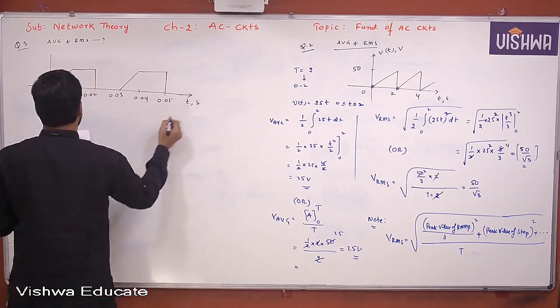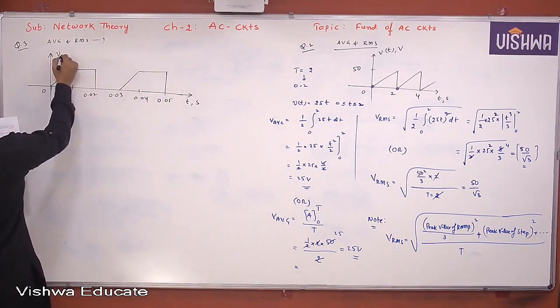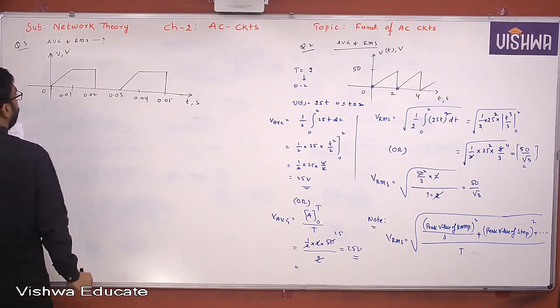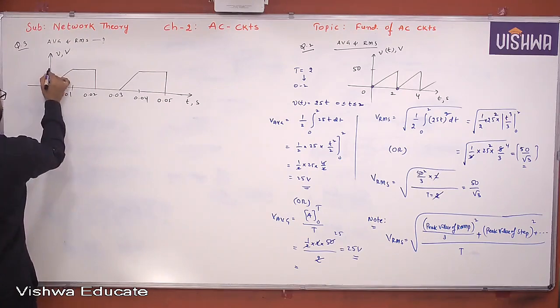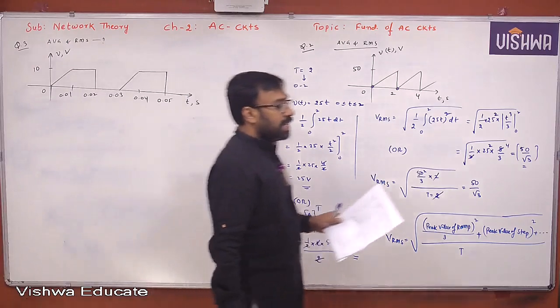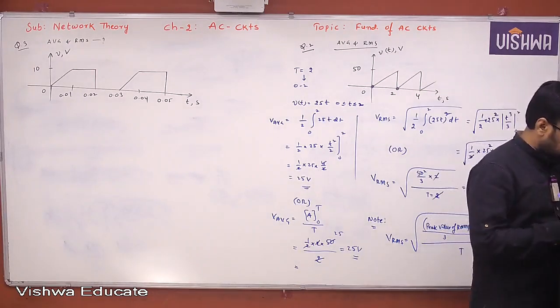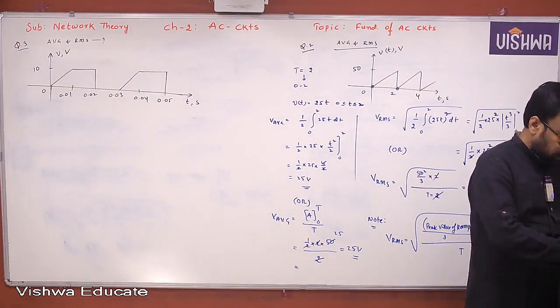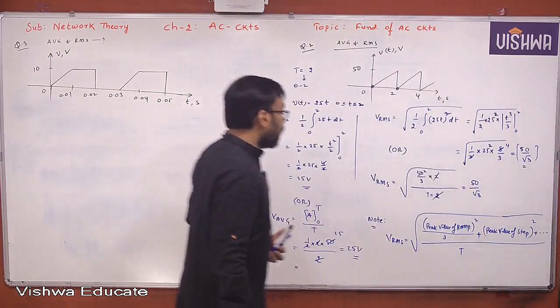Time in seconds. Voltage in volts. Okay. Now here it is 10. Average and RMS values is asked.